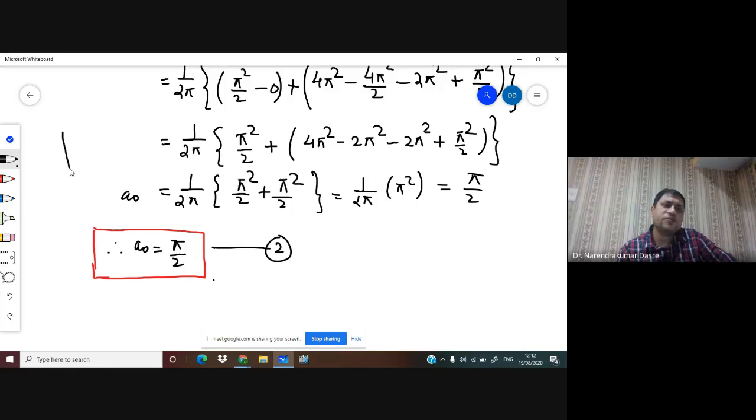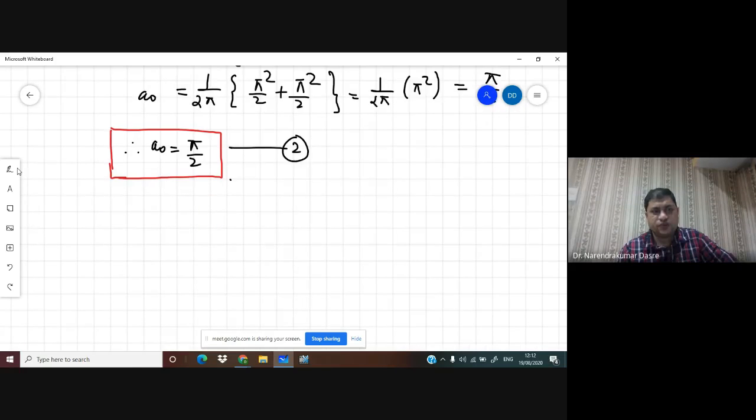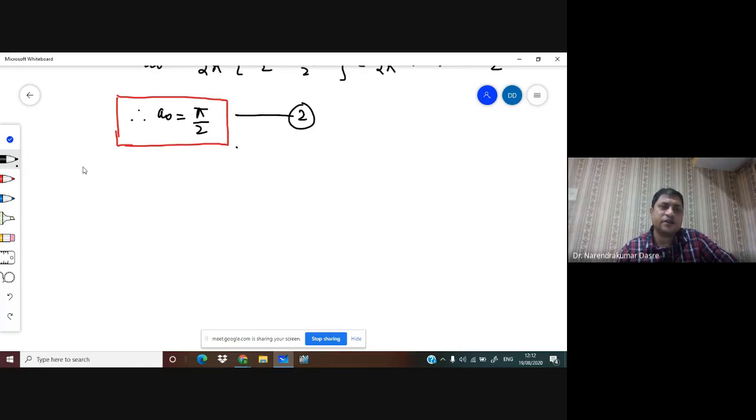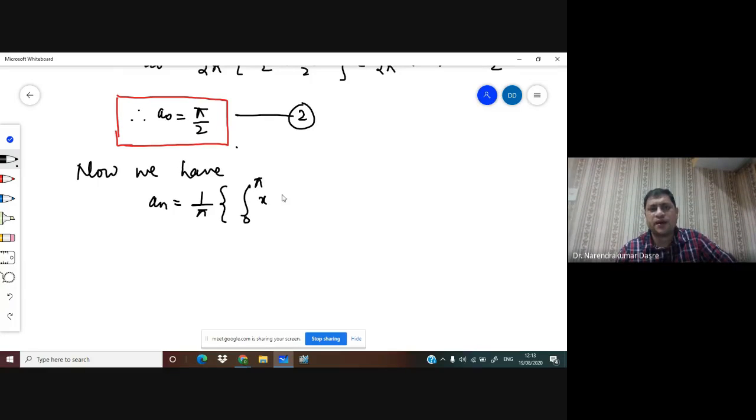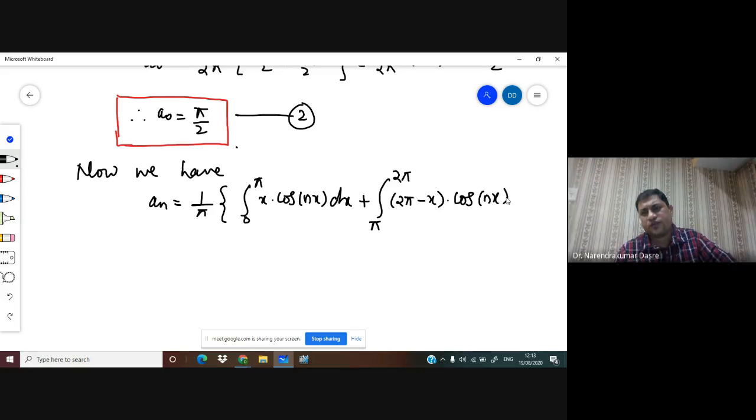Now we have to think of the an. So for an, we have an is equal to 1 upon pi integral 0 to pi x into cos of nx dx plus integral pi to 2 pi 2 pi minus x into cos of nx dx.